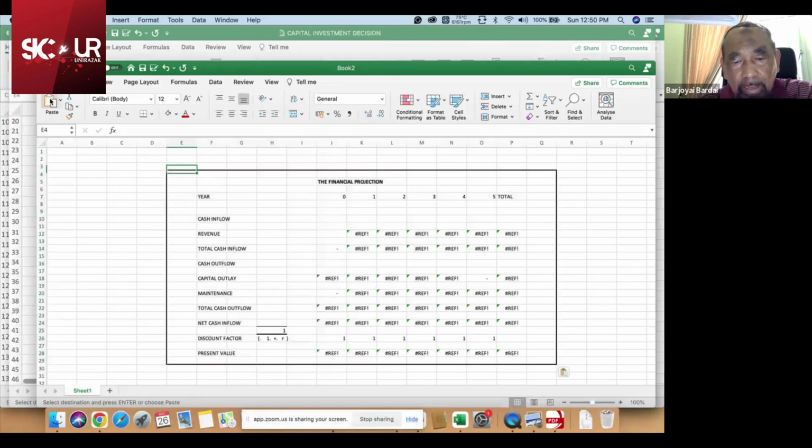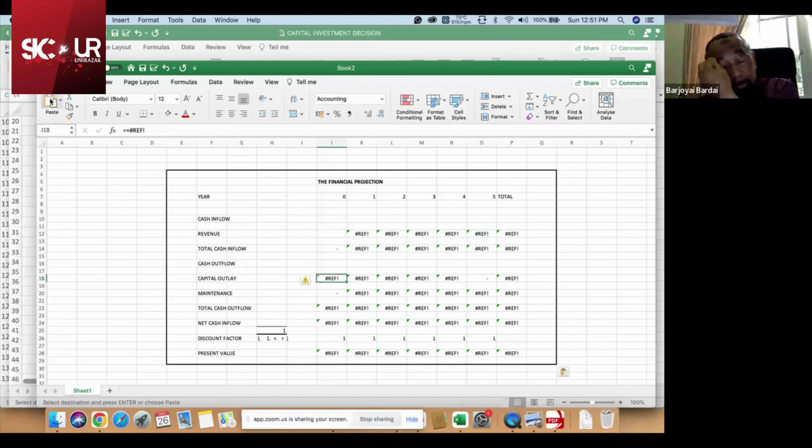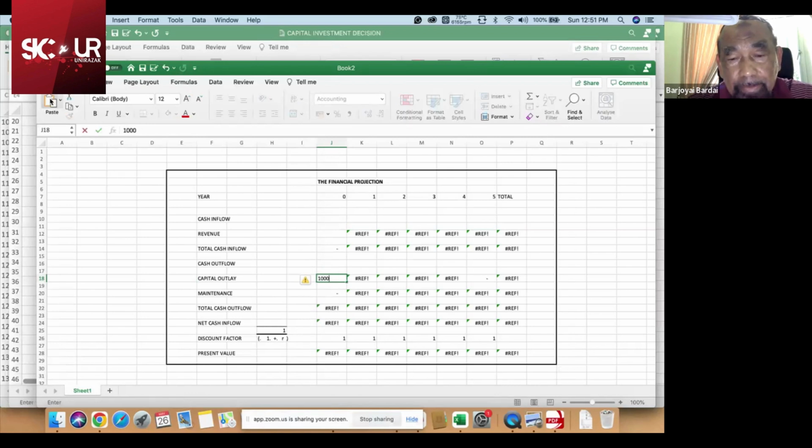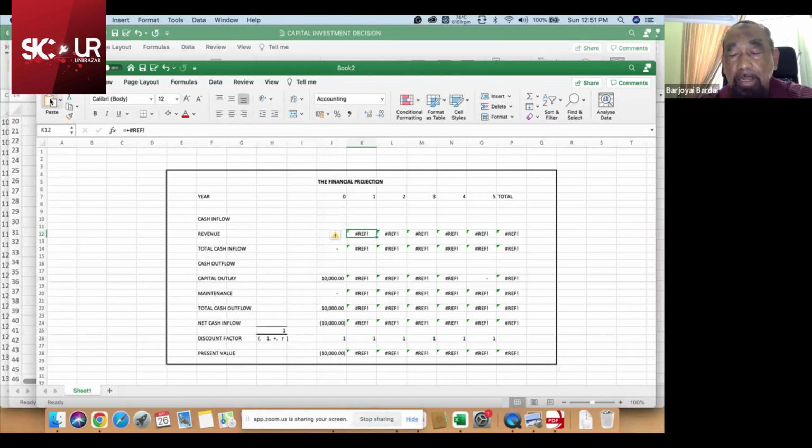And let's say the capital outlay is how much we pay for the bond. Let's say we pay 10 million. And the revenue, we will not get any revenue if it is zero coupon.